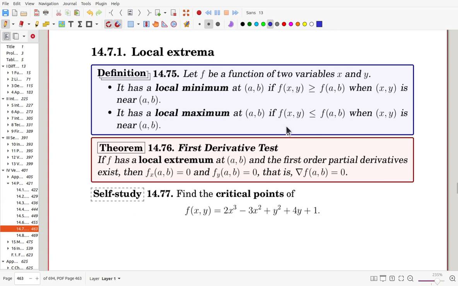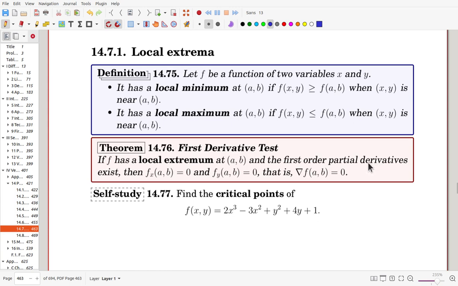That is the definition. Now we consider the first derivative test for functions of two variables. If f has a local extremum, which means either a local maximum or local minimum at the point (a, b), then the first order partial derivatives exist. In fact, that's an assumption.